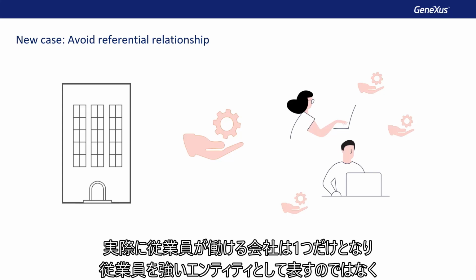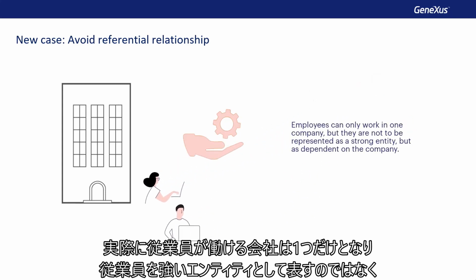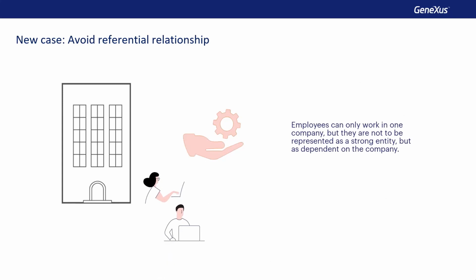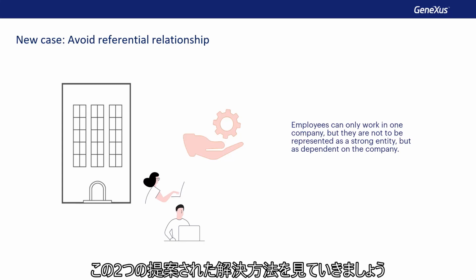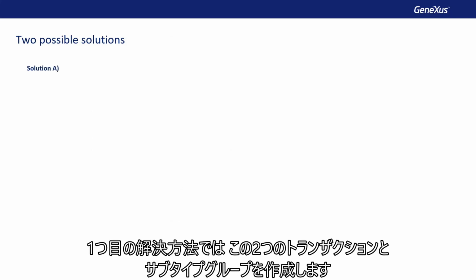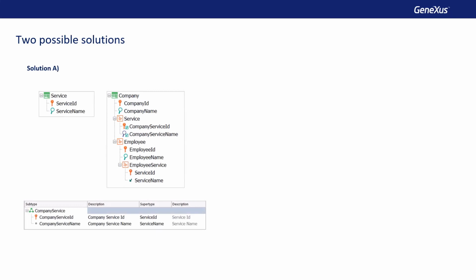In our reality, employees can only work in a company, but we don't want to represent them as a strong entity, but as dependent on the company. Let's look at these two proposed solutions, where one's correct and the other is not. The first solution would be to create these two transactions and the following group of subtypes.